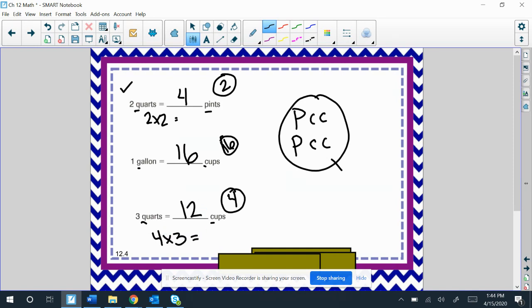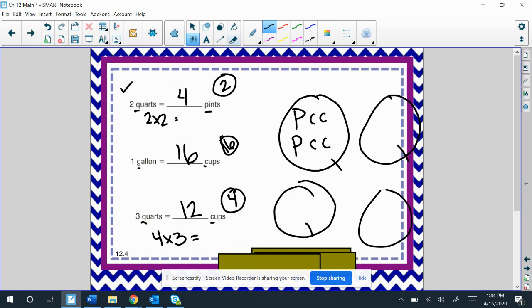My answer is 12. If you want to double check, you can continue to draw out 3 of these queens. Oh, not 4, 3. Add in your cups and then add them all up. You still get 12. Let's see what the next one is.